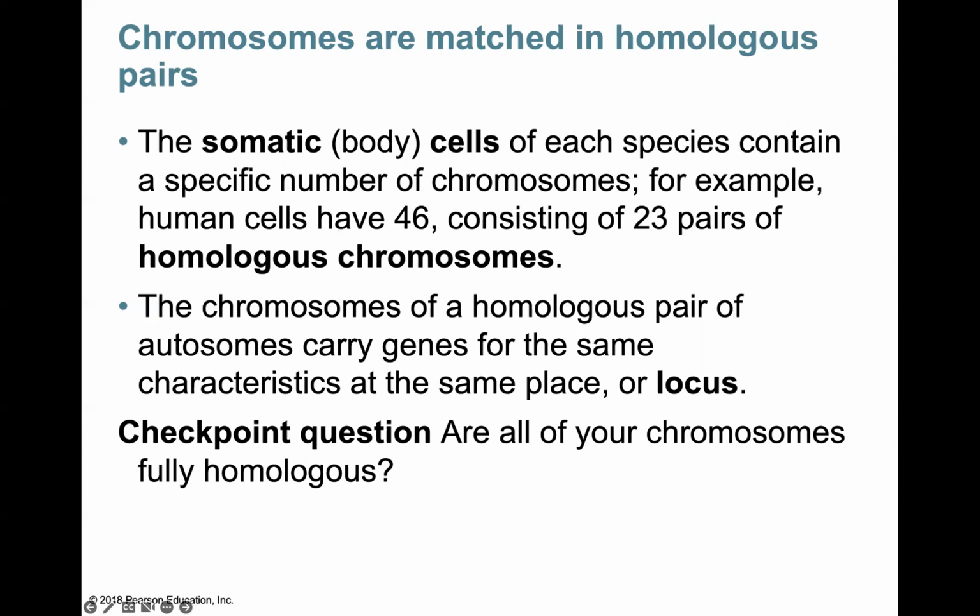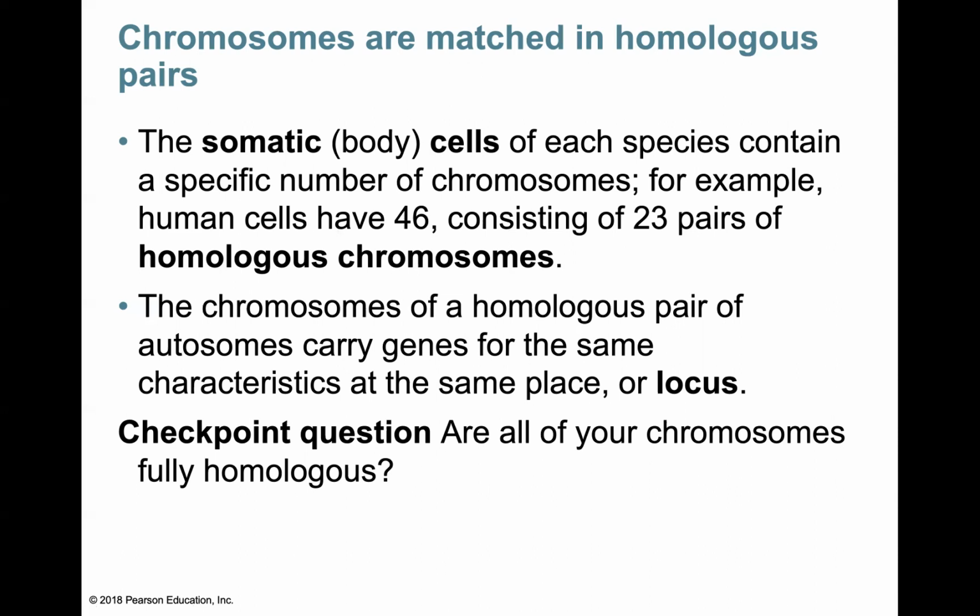The chromosomes of a homologous pair of autosomes carry genes for the same characteristics at the same place, or the same locus. The locus, a term you should know, is the actual location on the chromosome where we can find a specific gene. We know that our chromosomes carry the instructions for many of the genes that determine different traits and characteristics about us.